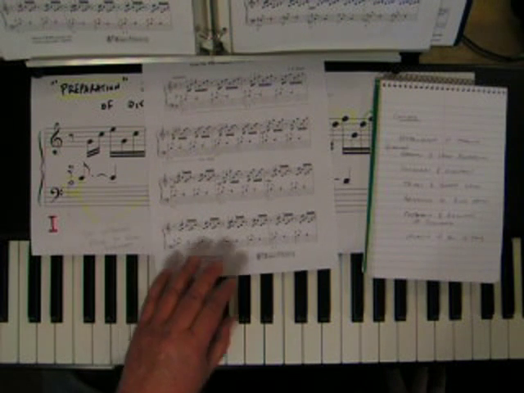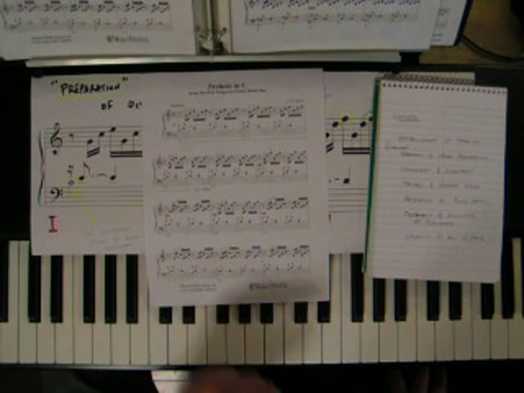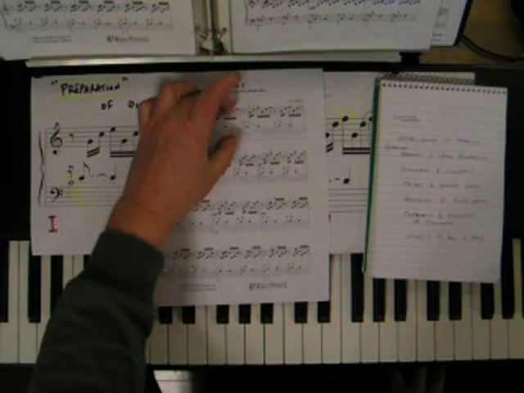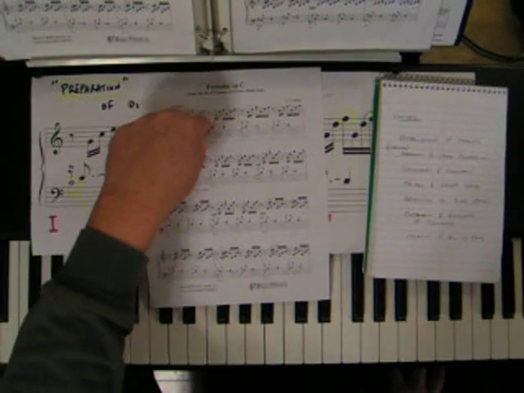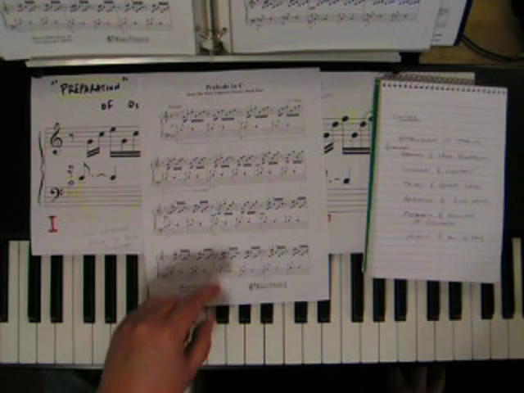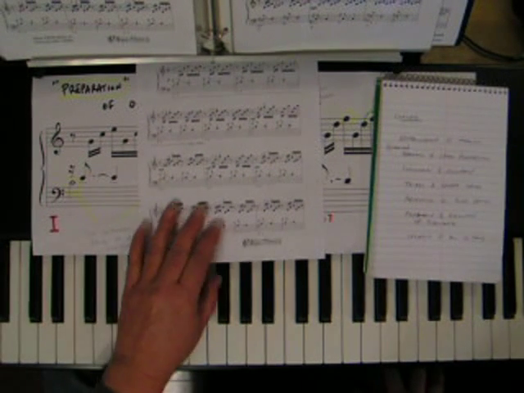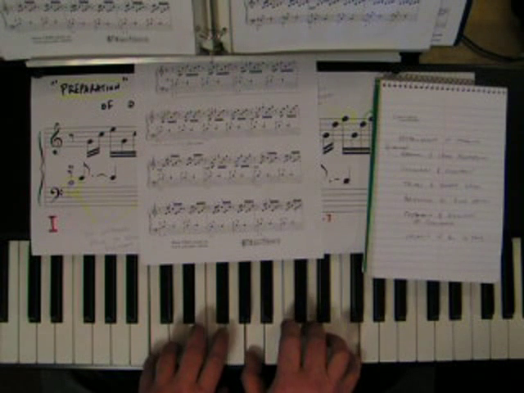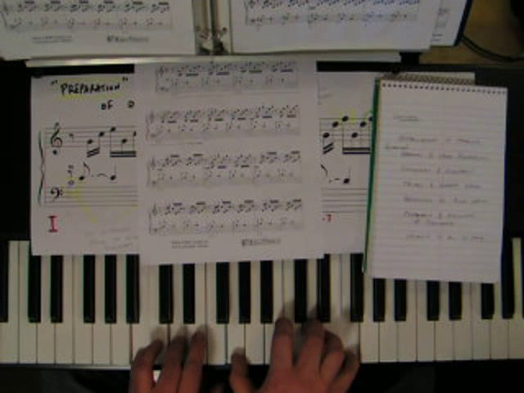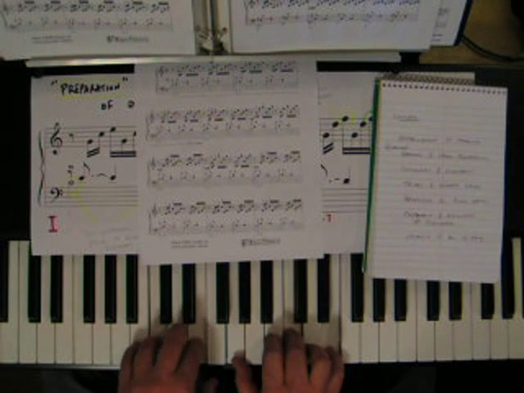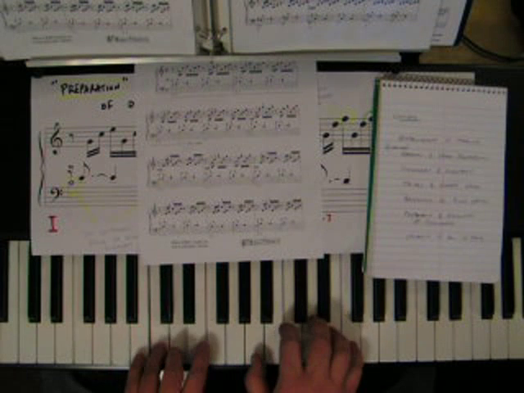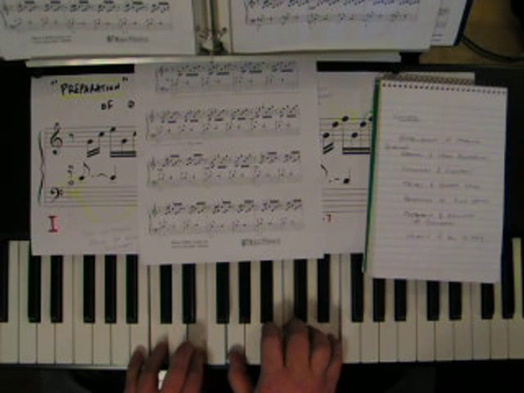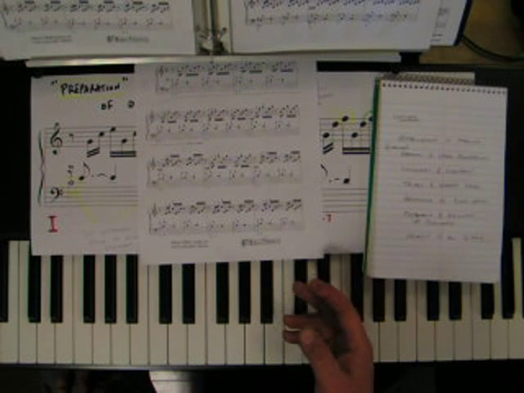Now, this song is all about chord progressions, and every measure is a different chord. This is a chord, this is a chord, this is a chord, this is a chord. Now, if you hear me play the notes all together, as opposed to one after the other, that's what we call arpeggiating.